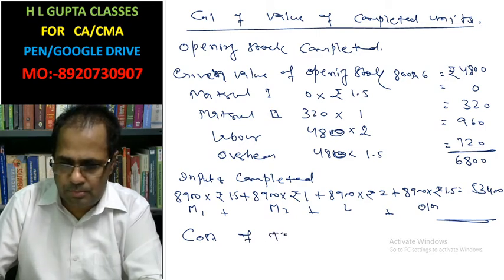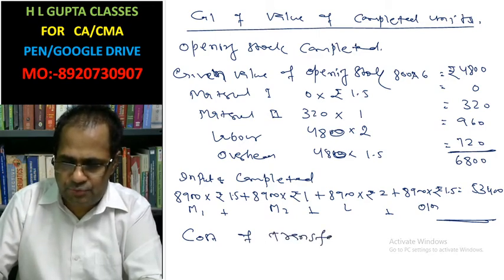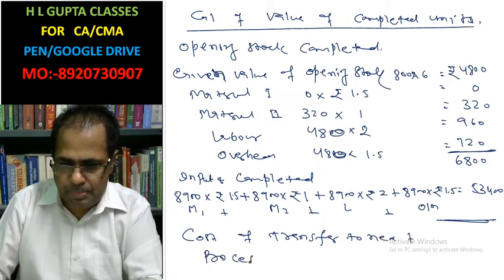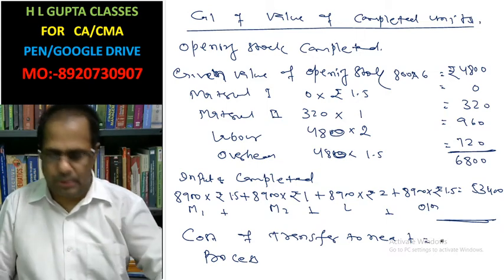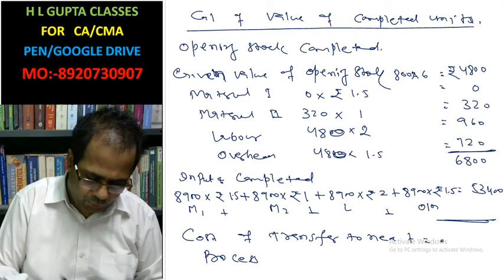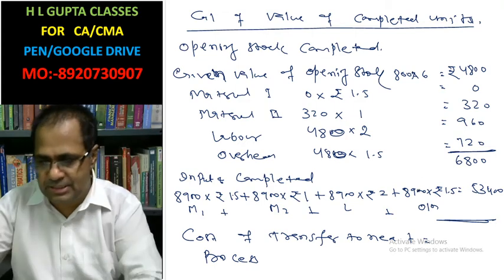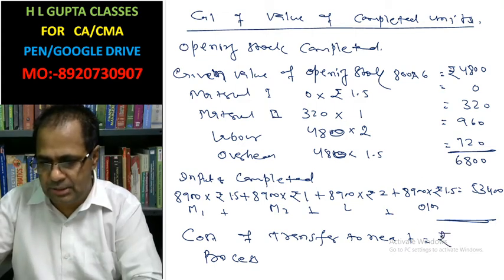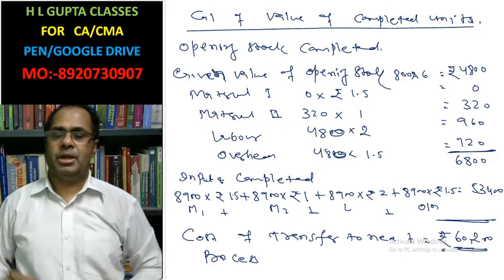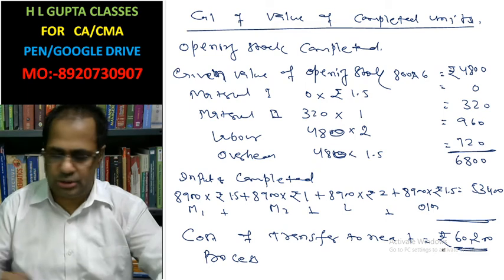Cost of transfer to next process. 6,800 plus 53,400. This is 60,200. Okay. Similarly, you have to find value of closing stock.